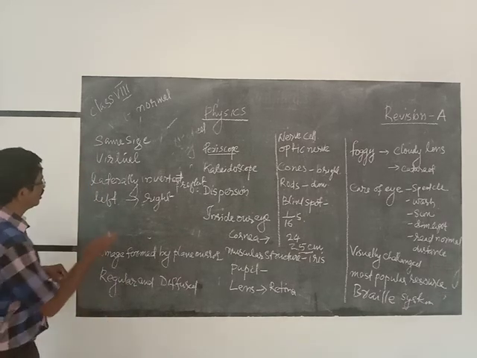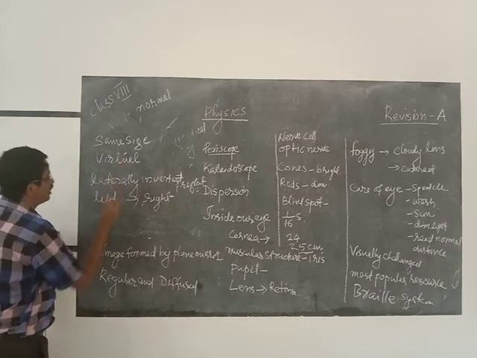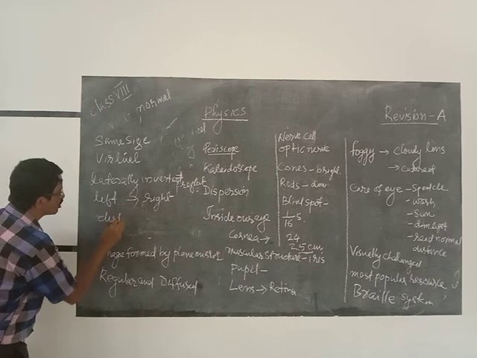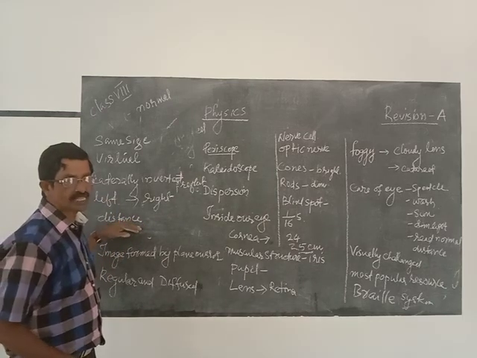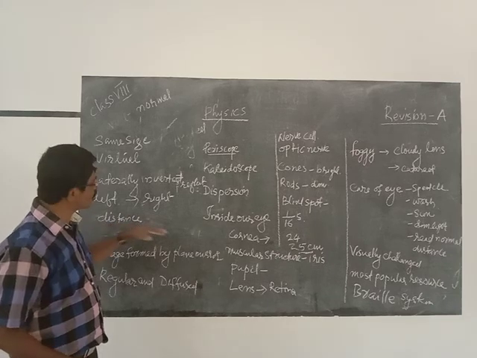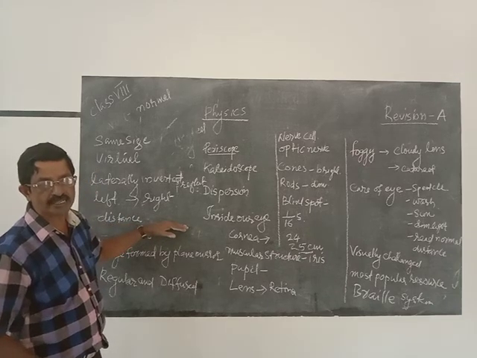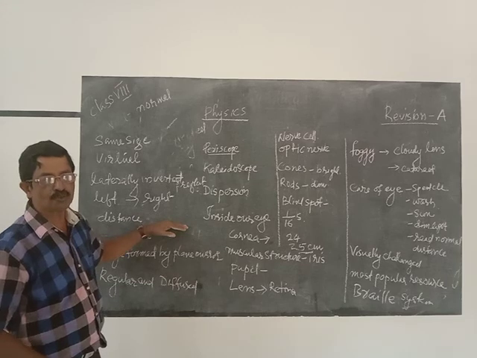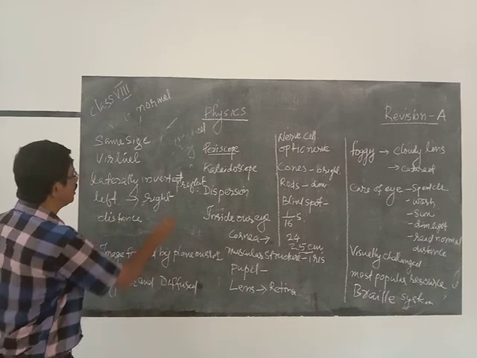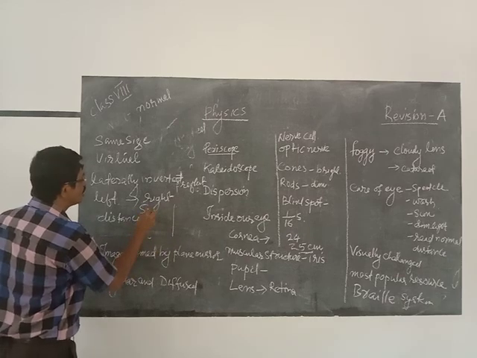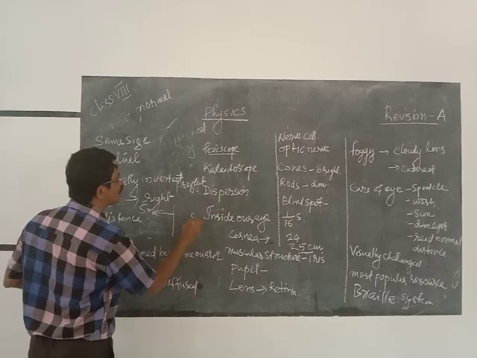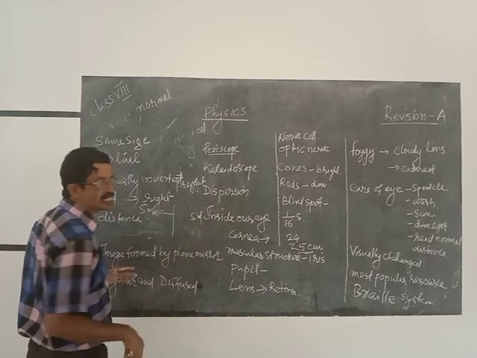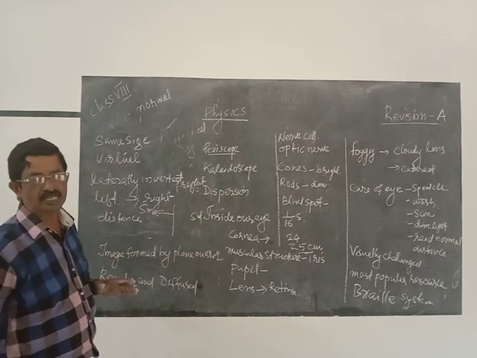Then another one is the distance. The distance from the object to the mirror is equal to the distance from the image to the mirror. Suppose the object is 5 meters away from the mirror, then the image also appears 5 meters away. That means the distance also remains the same.